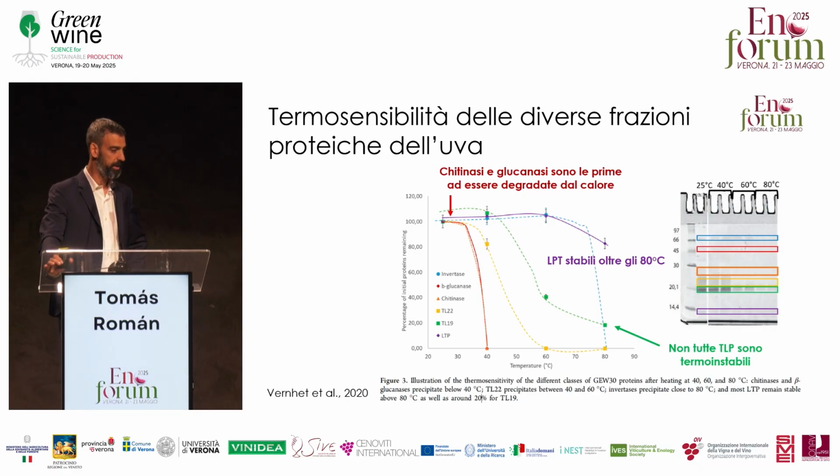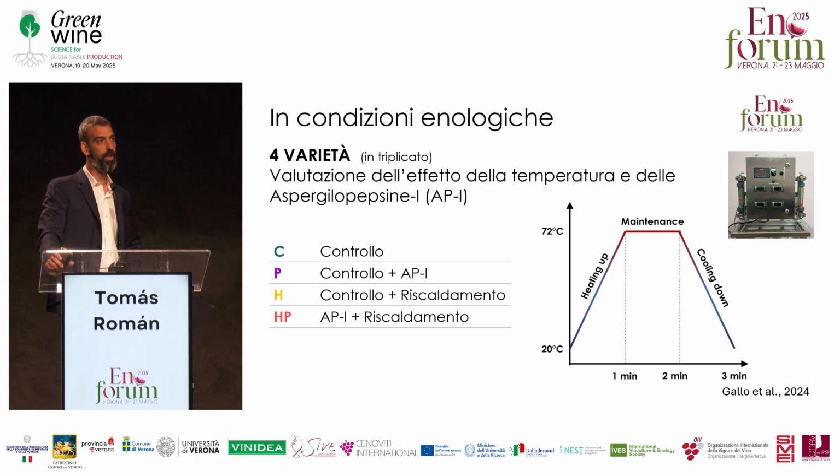Within the realm of unstable proteins, it is estimated, and this is a paper that was written a few years back, that thaumatin-like proteins above 80 degrees can remain partially, at high proportions, stable in wine.